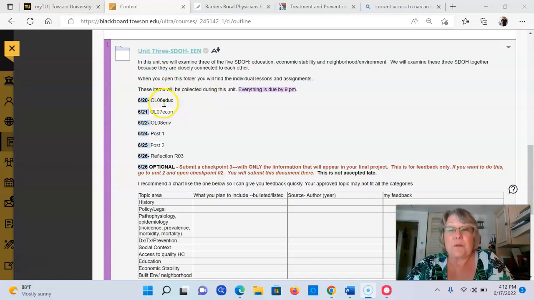So for example, the social determinant of health, access to quality education, you will be looking at, does the quality of an education affect people's health? For example, do people with high school diplomas have healthier behaviors than those without high school diplomas? Do people who have access to college education have healthier behaviors than people without college education?